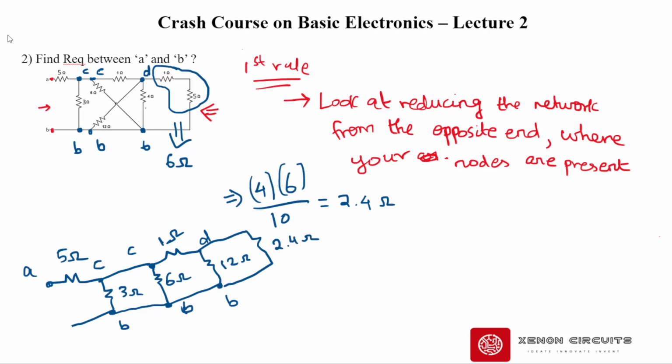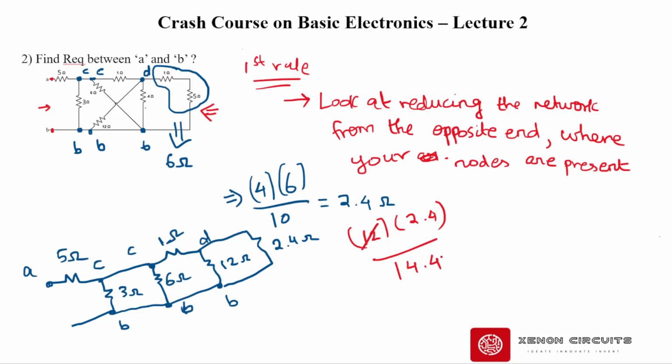Now let me change the color of my pen. Between B and D we have two resistors in parallel, 12 ohm and 2.4 ohm. If I further reduce that, it will be 12 into 2.4 by 14.4.